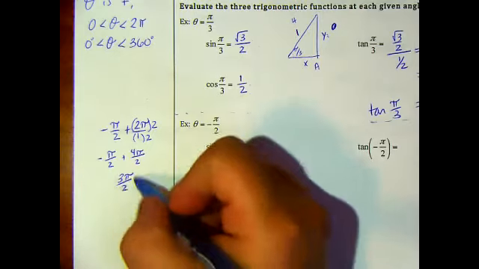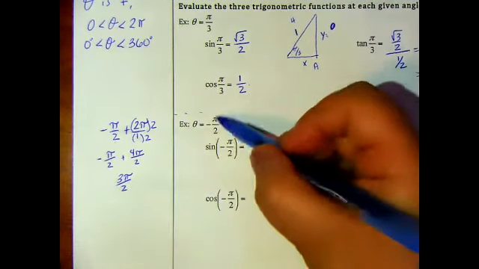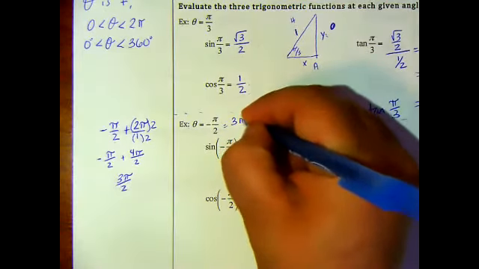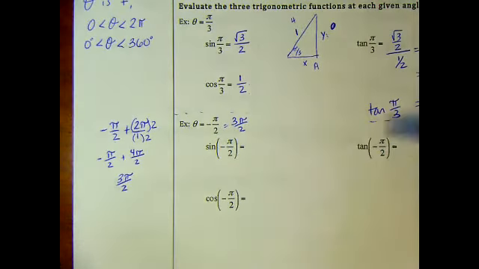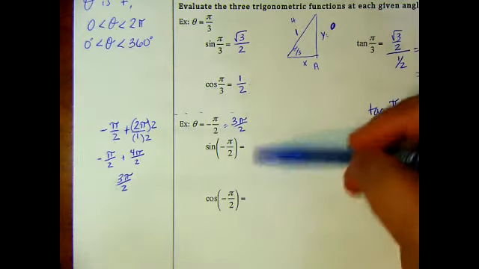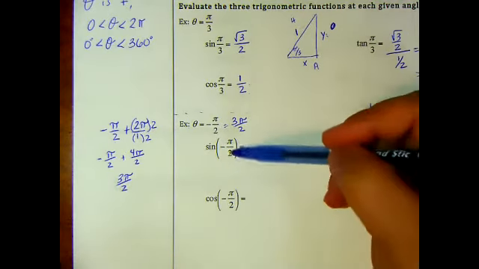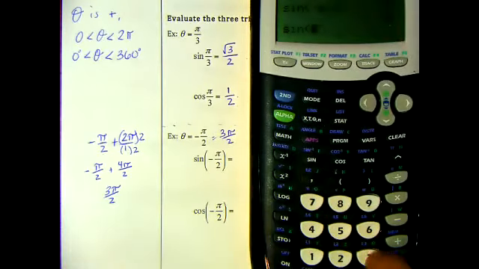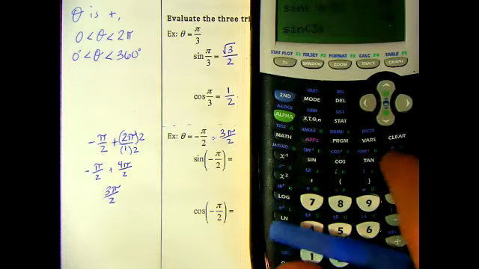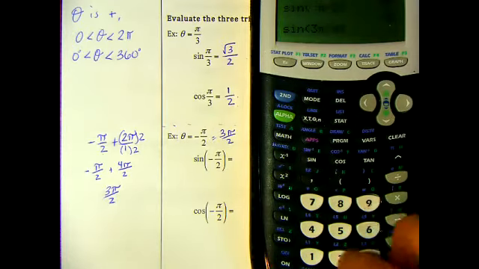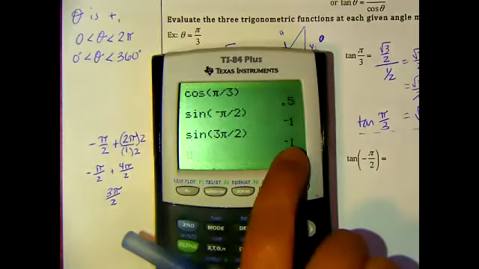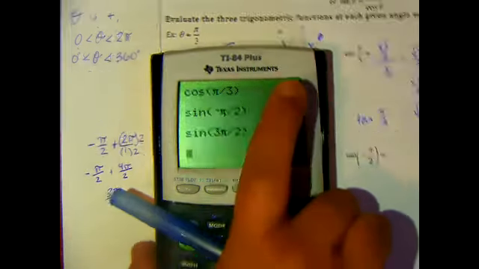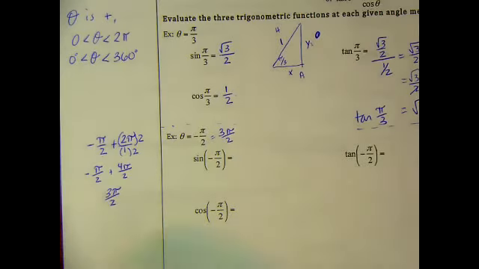So the equivalent angle to negative pi over 2 is 3 pi over 2. If I find sine, cosine, and tangent for 3 pi over 2, those values would be exactly the same as negative pi over 2. So if I put in sine of 3 pi over 2, I would get the exact same value, negative 1. You find that equivalent angle and you go with that.